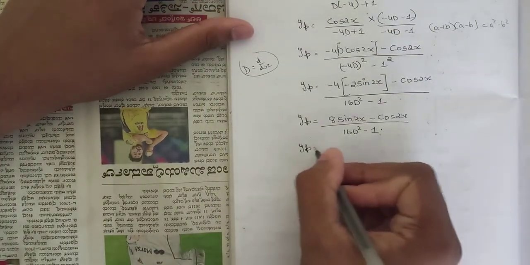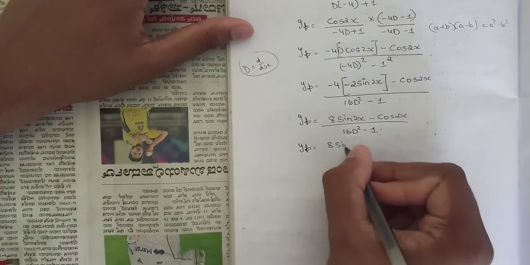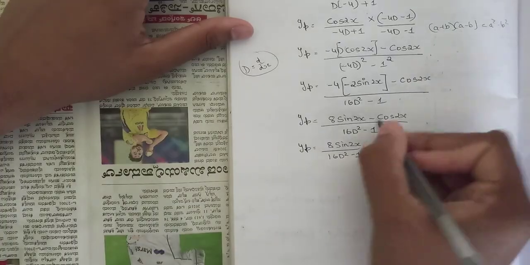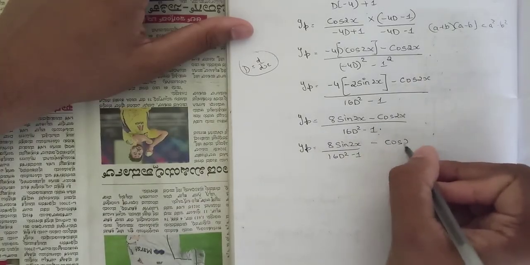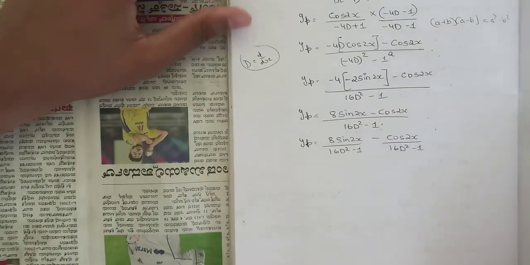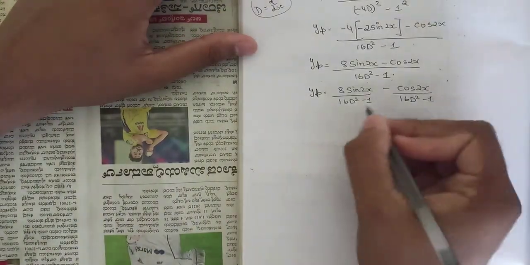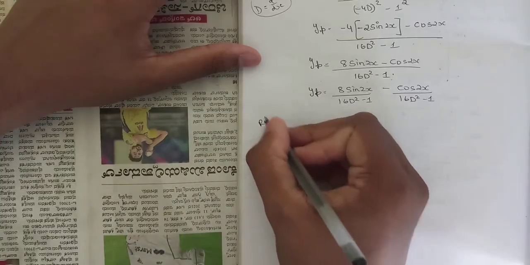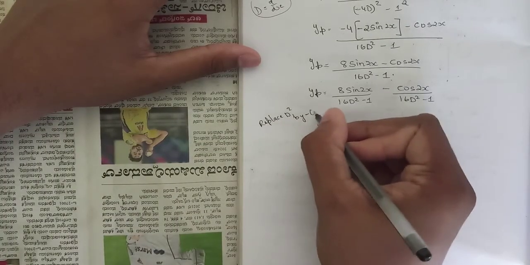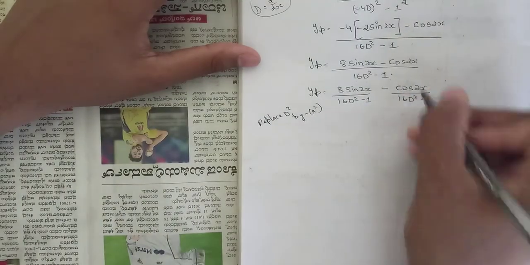So now split the denominators: 8 sine 2x divided by 16D square minus 1, minus cos 2x divided by 16D square minus 1. So again in the denominator we have the D square term, so again we need to replace D square by minus a square, where the value of a here is 2.